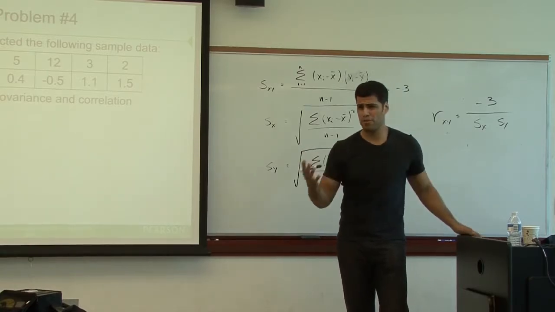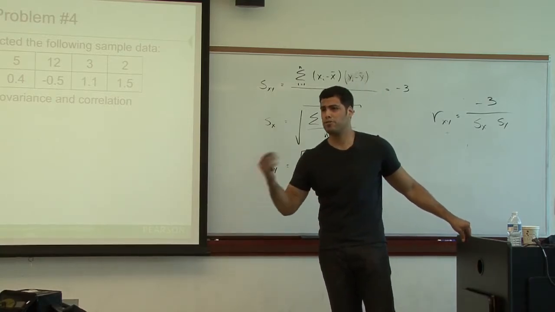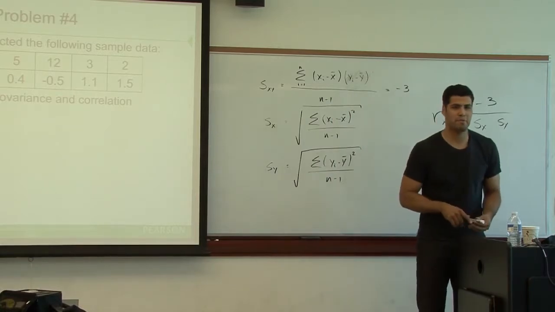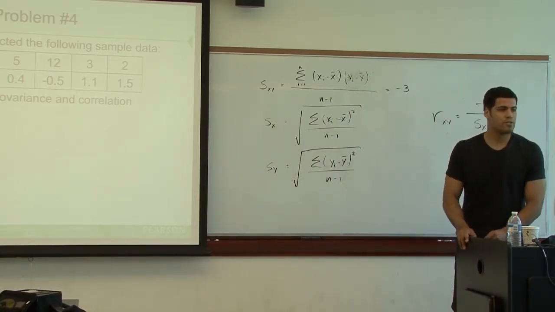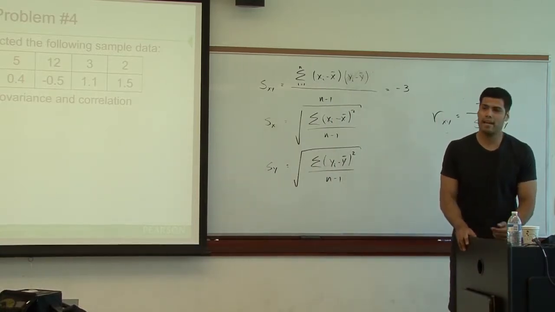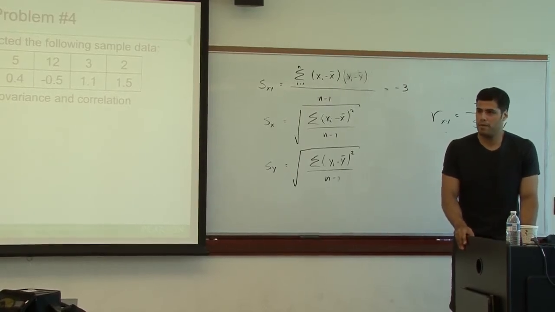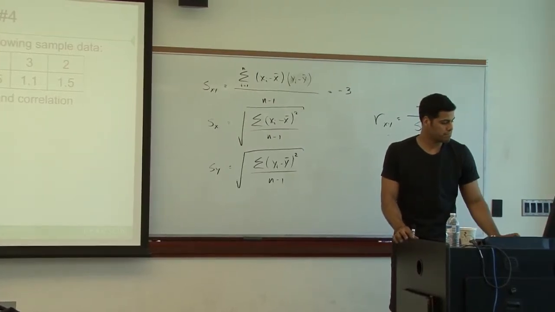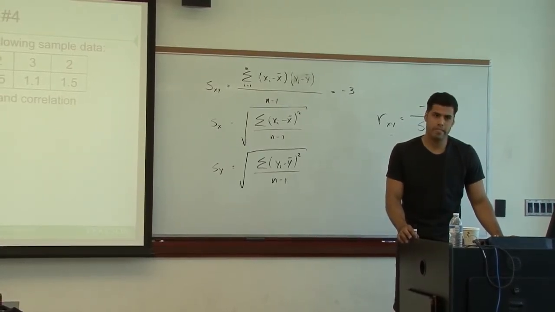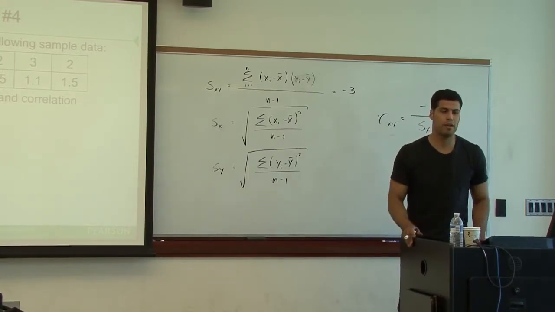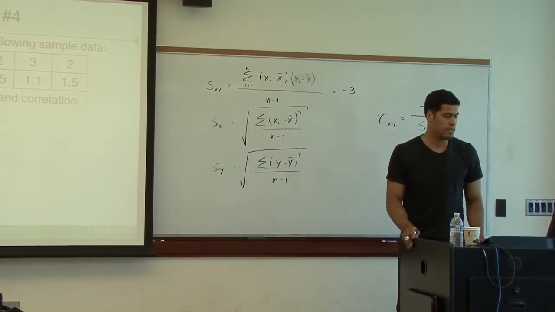So if the correlation coefficient is +1, then you have a perfect positive relationship. That doesn't exist, right? Perfect positive relationships. If the correlation coefficient is -1, then you have a perfect negative relationship.